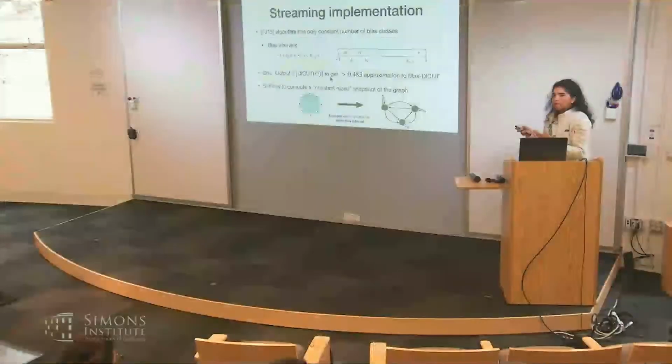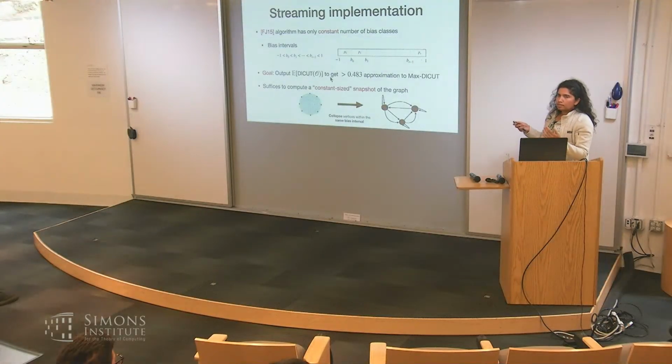If you have that space, or even further, let's say you just want one vertex, you already have some target vertices, you tell me beforehand, then easily all I need to do in the streaming model is compute the biases of the vertices, and then the oblivious algorithm tells me how I'm supposed to round them. But now what I'm trying to do is compute this global information about the graph, which is the expected die-cut value. At the same time, I don't have enough space to store information about each vertex.